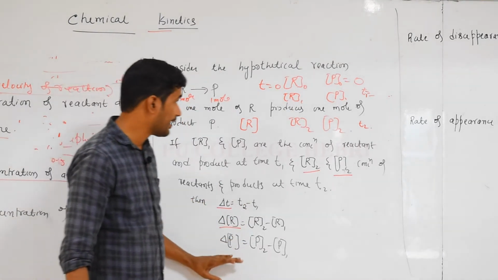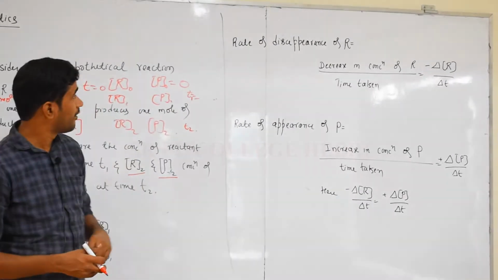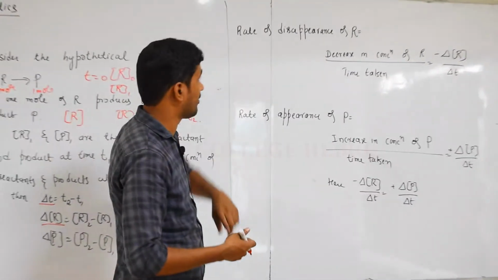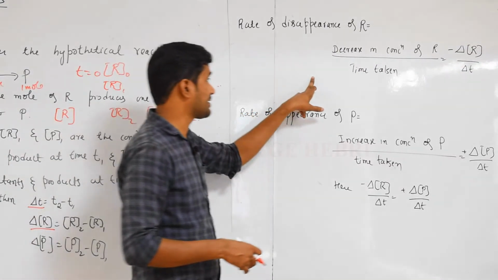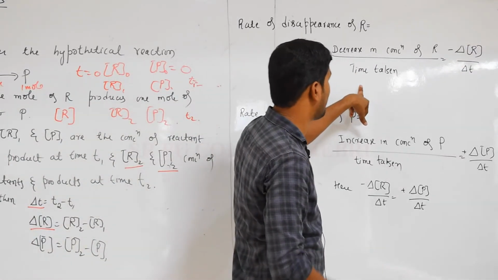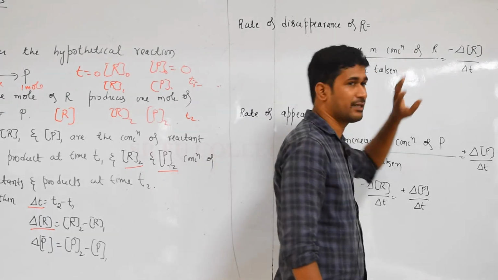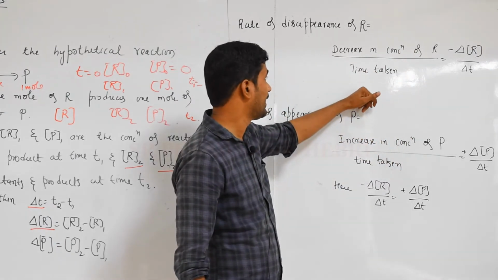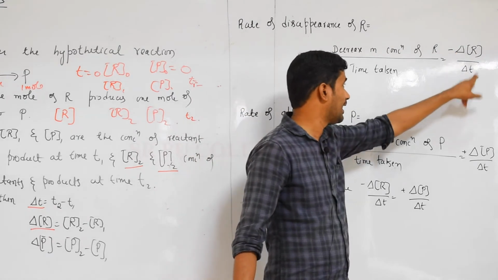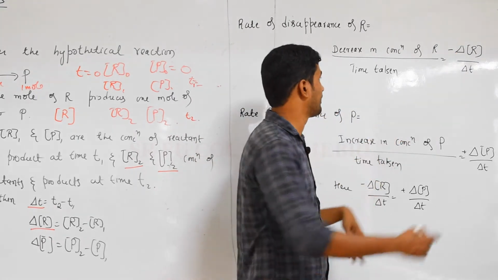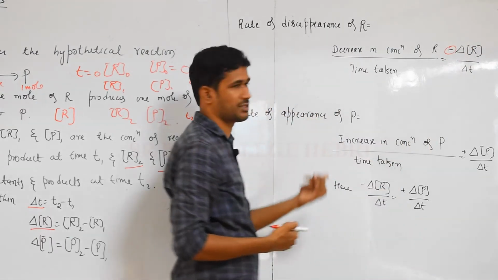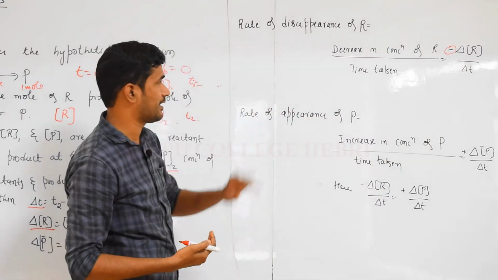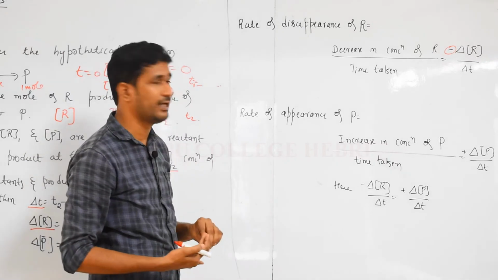Understood? Yes. Now I can write the rate of disappearance of R, the rate of reaction with respect to reactant, is the decrease in the concentration of R divided by the time taken, that is minus delta R by delta t. Here we put a negative sign because the concentration of reactant decreases.